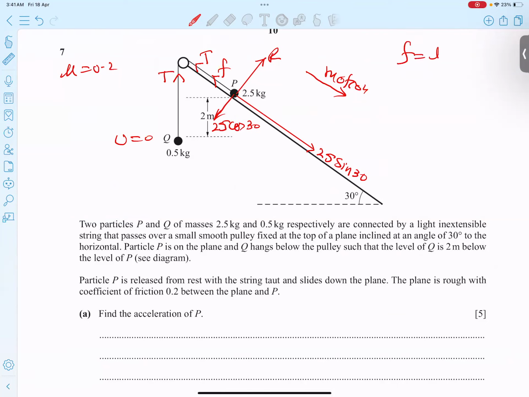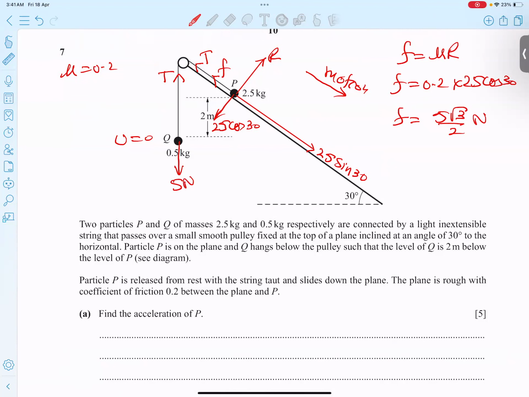F is equal to mu R. The friction force: mu is 0.2, R is 25 cos 30. If I type in the calculator 0.2 into 25 into cos 30, it breaks the question down so it becomes easy. So there's a friction force acting. This is the tension, and the weight of Q is 0.5 into 10, which becomes 5 newtons.